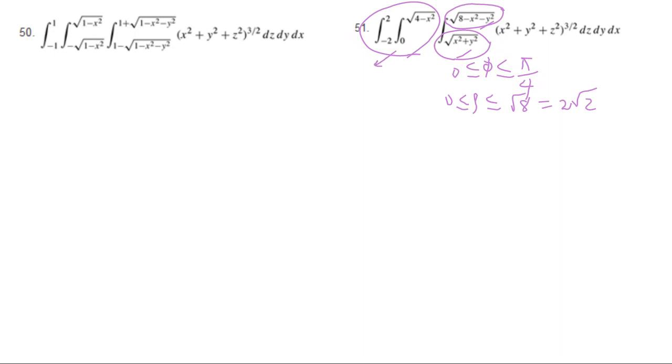The region will determine the limits for theta. The limits for theta is what, from 0? We just solved it a minute ago, from 0 to pi. That's it. And of course, this is rho cube.